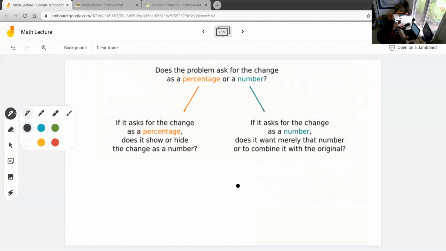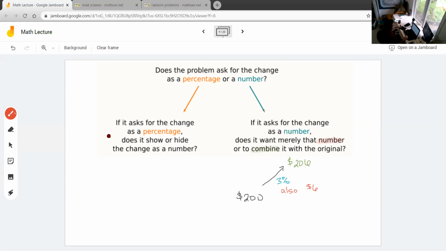So to remind us of what's happening, that was the 200 going up, and we knew it was a 3% change. Are they wanting the $6, or are they wanting the total, which is 206? Are they wanting to combine it, or are they wanting just to change that percent change into a dollar change or a number of apples change or whatever we're counting?